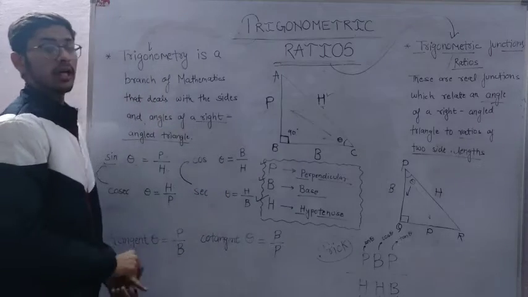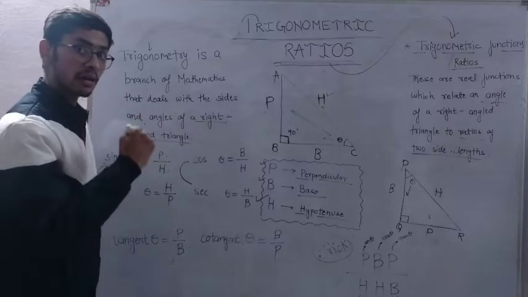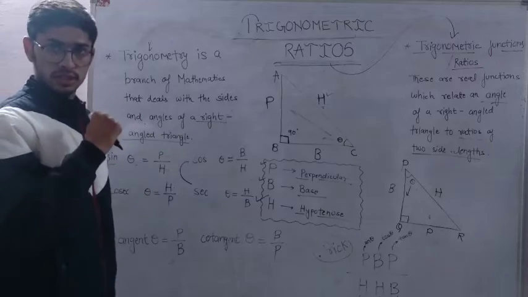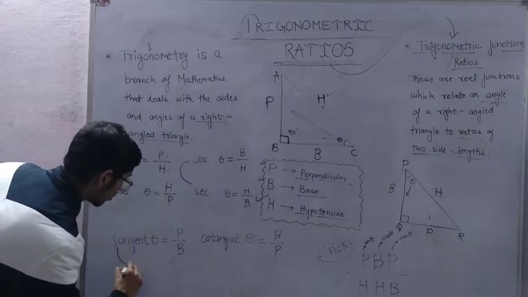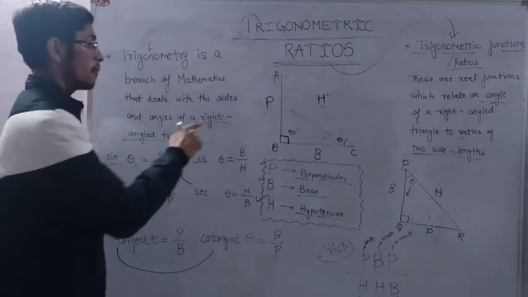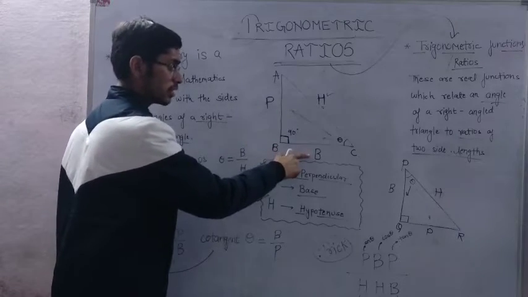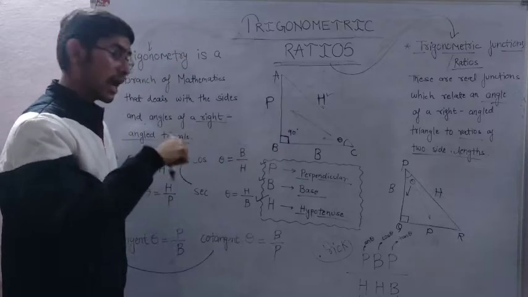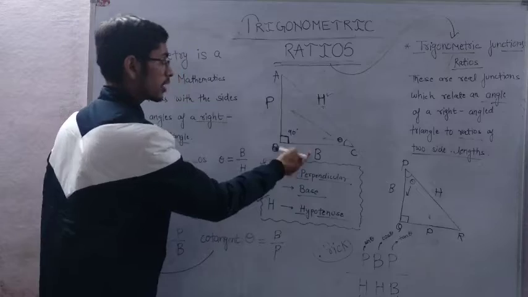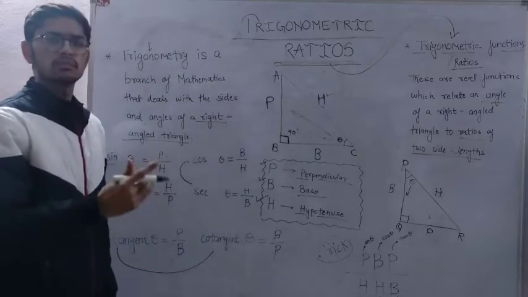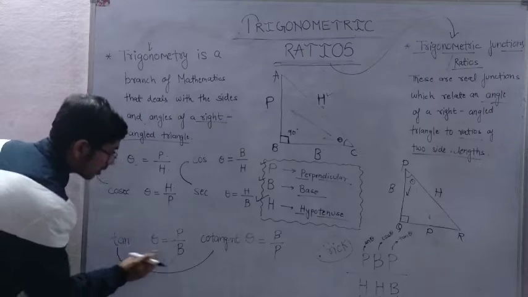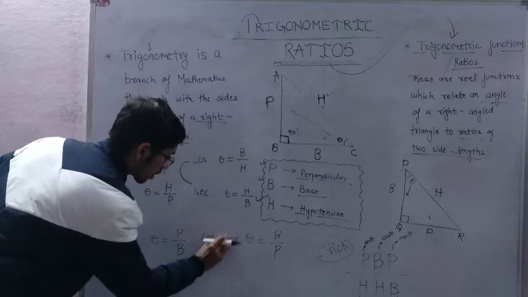Next we are going to learn tangent theta and cotangent theta. The reciprocal of tangent theta is cotangent theta. Tangent theta stands for perpendicular upon base, and its reciprocal, cotangent theta, is base upon perpendicular. In simple terms, we write tan theta and cot theta.